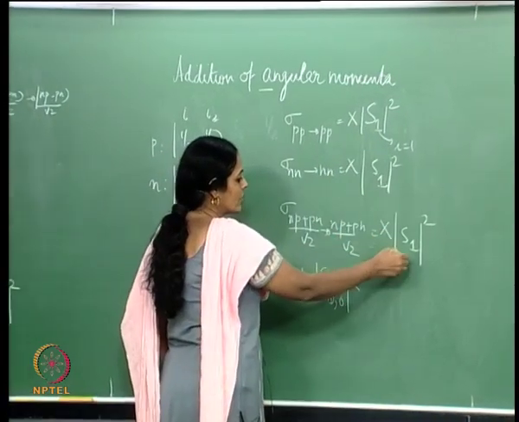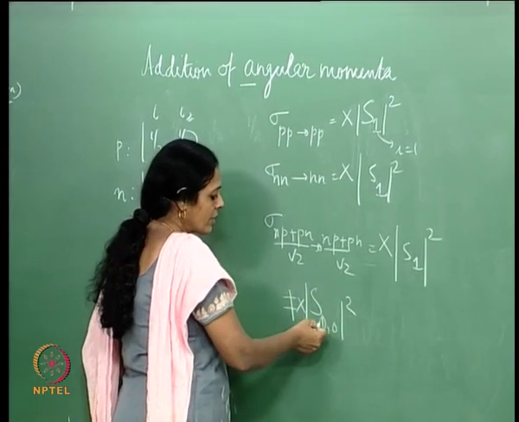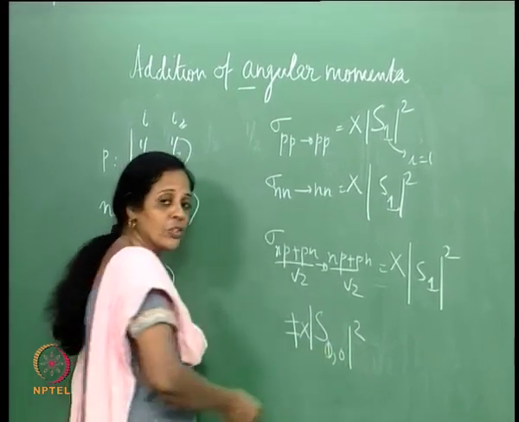So these cross sections are the same, and that is not the same in general as the cross section for the isosinglet going to itself.